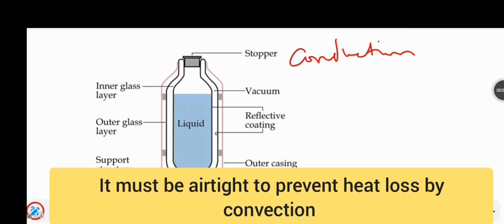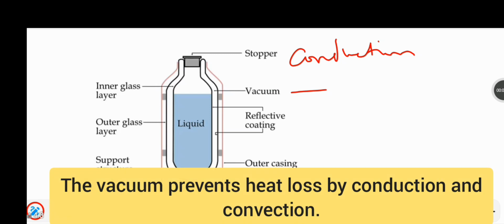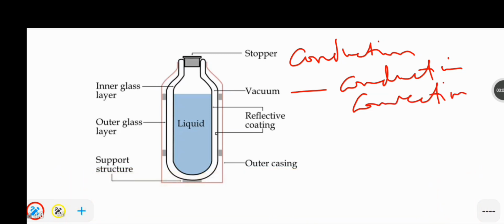Then there's a vacuum in this part here, an airtight enclosure. This vacuum prevents heat loss by two methods, conduction and convection. That is because heat cannot pass through a vacuum by means of conduction or convection. Conduction and convection cannot occur in a vacuum.